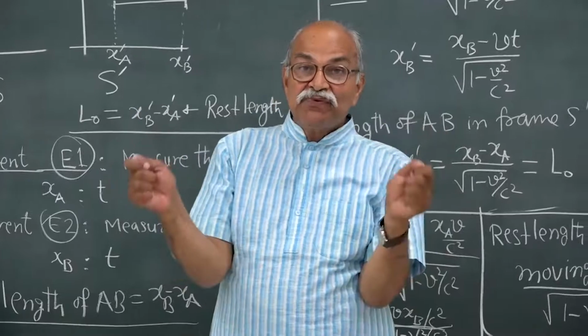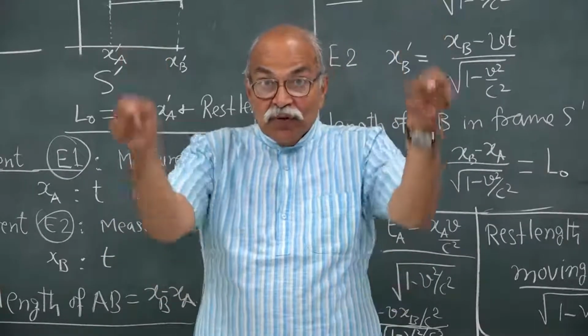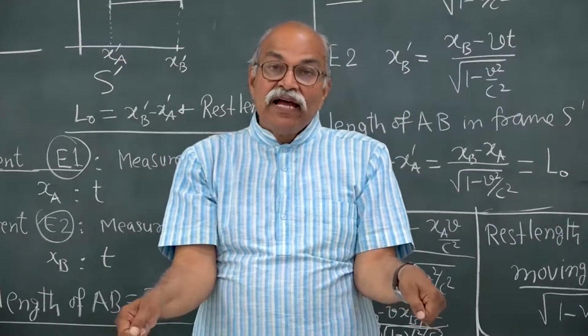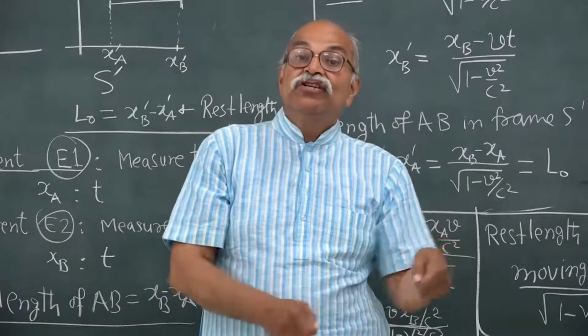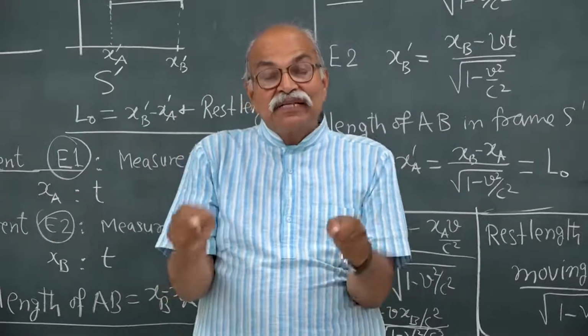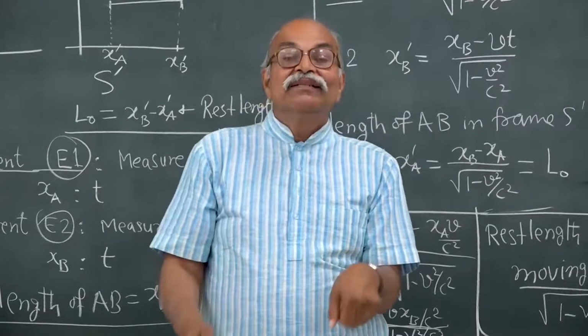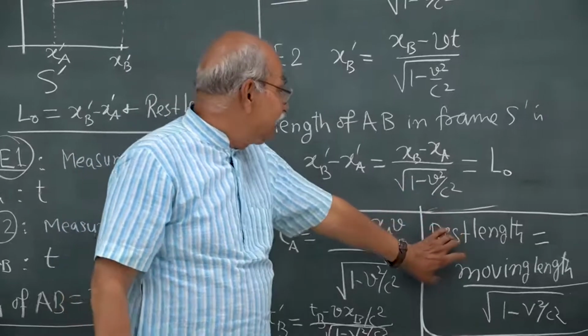The separation between two poles from a frame in which these two poles are stationary, and the separation from a frame in which these two poles are moving, will be different, and the rest separation will be more than the moving separation. So, this phenomenon is known as length contraction.